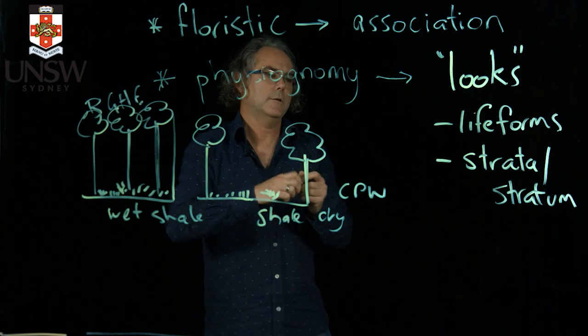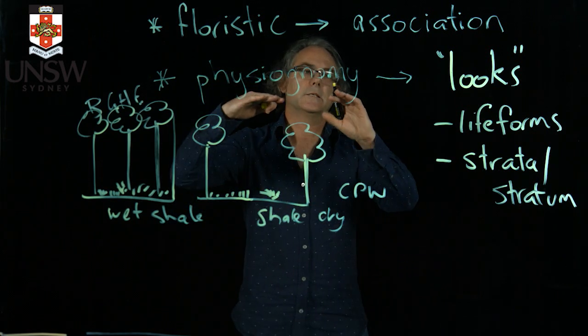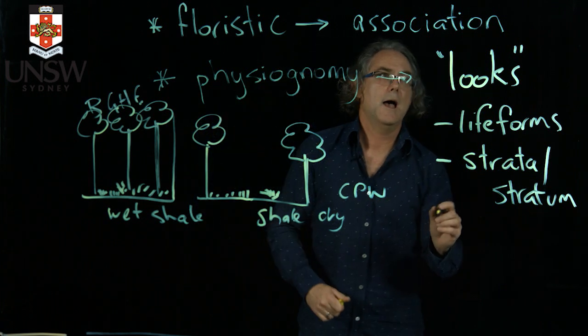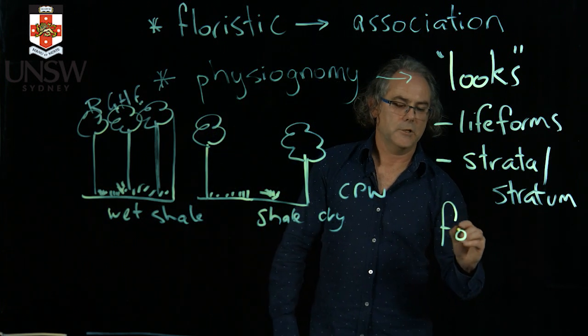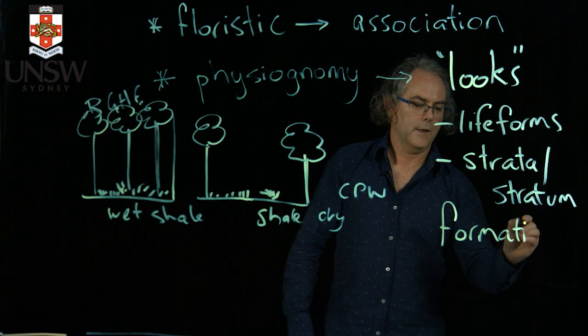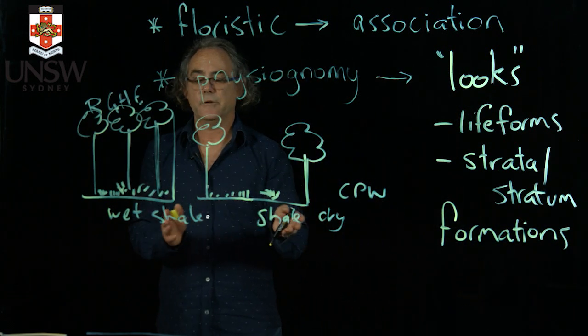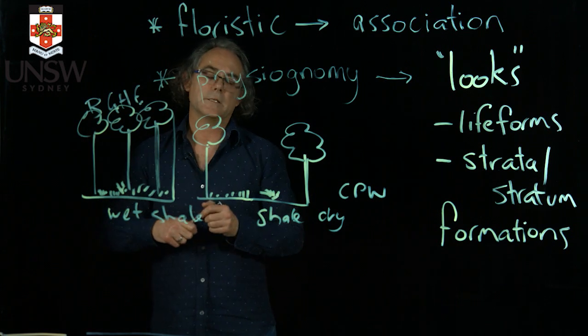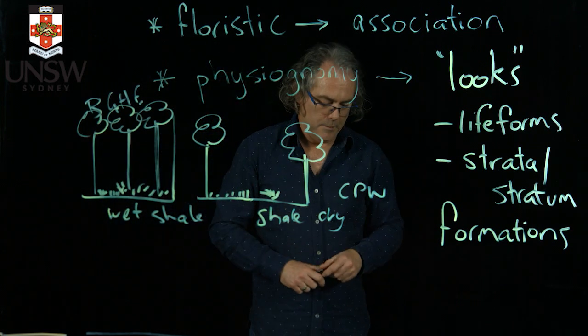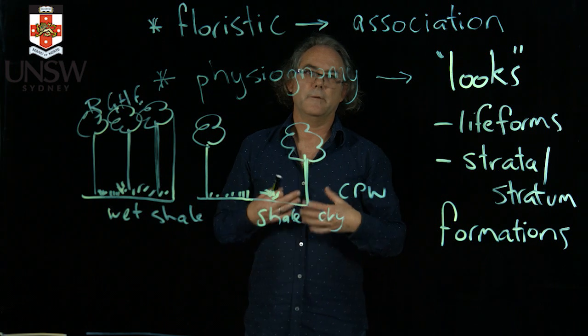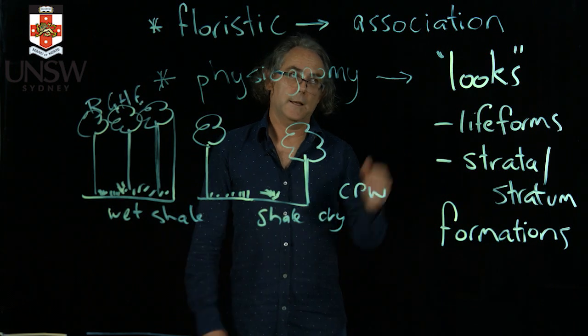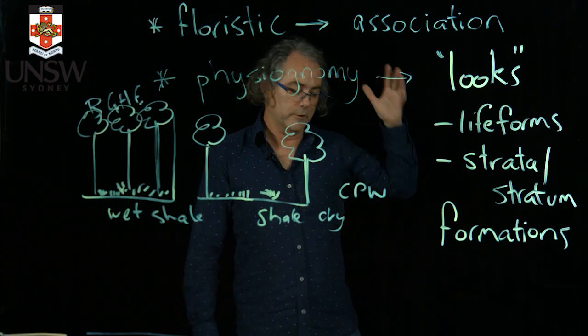And when I'm describing vegetation on the basis of how it looks, its physiognomy, I'm actually describing vegetation formations. So, Cumberland Plain woodland is a vegetation formation. Blue gum high forest, a vegetation formation. Beautiful forest that happened in the original Sydney Basin, hardly around anymore, both critically endangered.